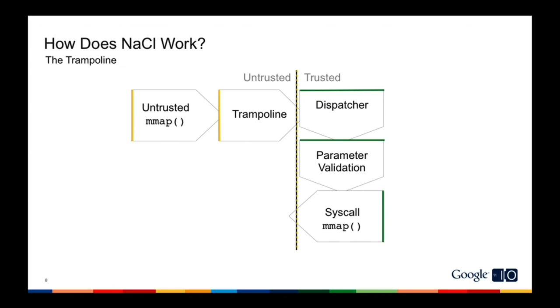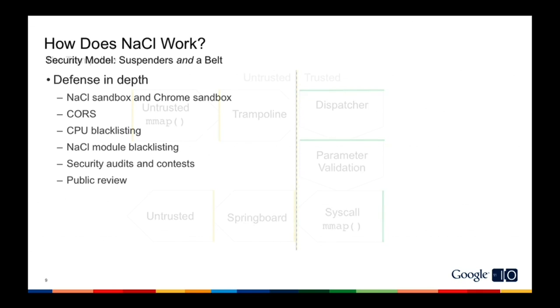Then if that's all okay, we turn that into the actual real syscall that calls to the operating system and does the mmap. That gets a return value, which then goes into the springboard, back to your untrusted code, and off you go. If at any time during that chain of events something goes wrong or it looks bad, your code is halted. And a halt, by the way, looks like a snap. I mean, the thing just stops.